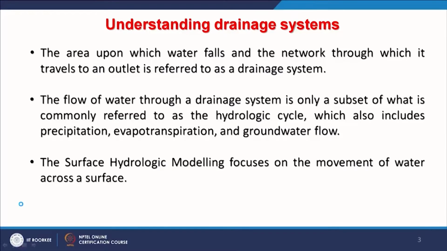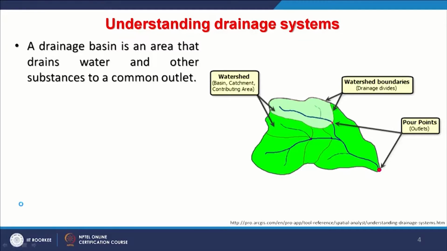Surface hydrologic modeling basically focuses on the movement of water across a surface or over the land, how water will flow, how this surface runoff will occur. Now, further, in order to develop our basic understanding before we go for real surface hydrologic modeling, we have to also understand that a drainage basin or drainage system is an area that drains water and other substances to a common outlet.